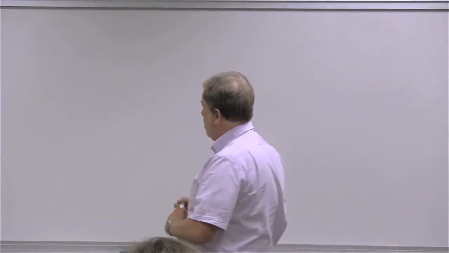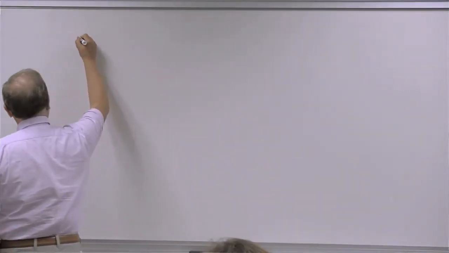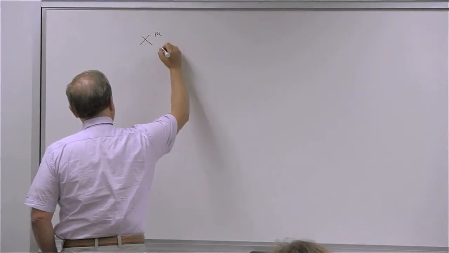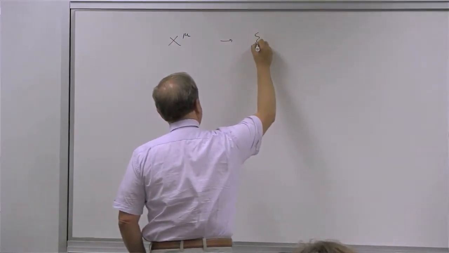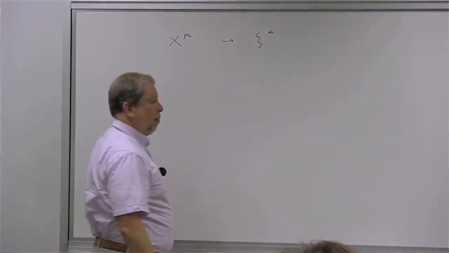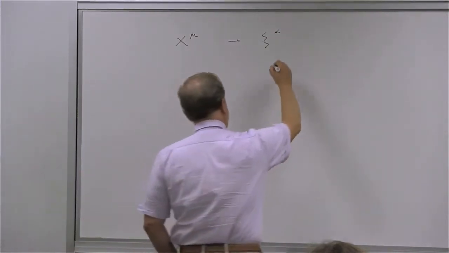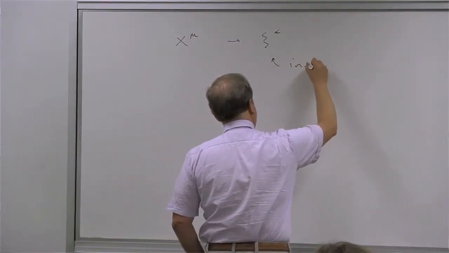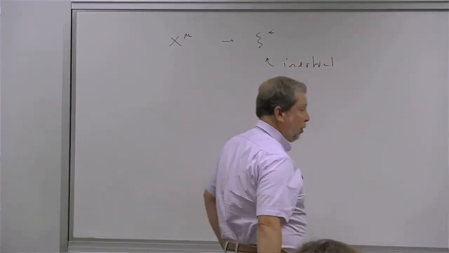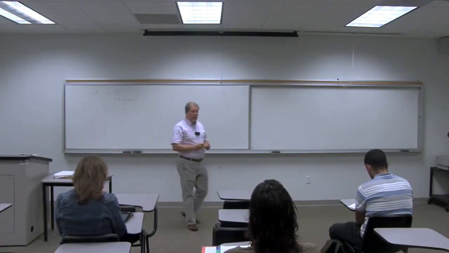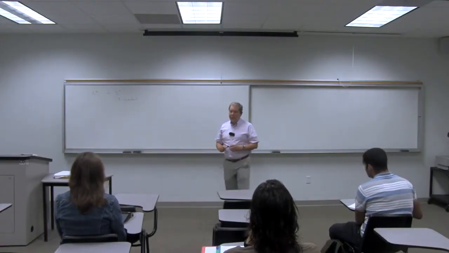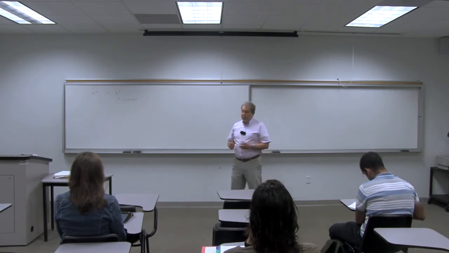So in that coordinate system, we have a general coordinate system, and then we have this coordinate system labeled by xi alpha, which is inertial. The point of the equivalence principle is that you can always find such a coordinate system, the freely falling one, where gravity is absent.